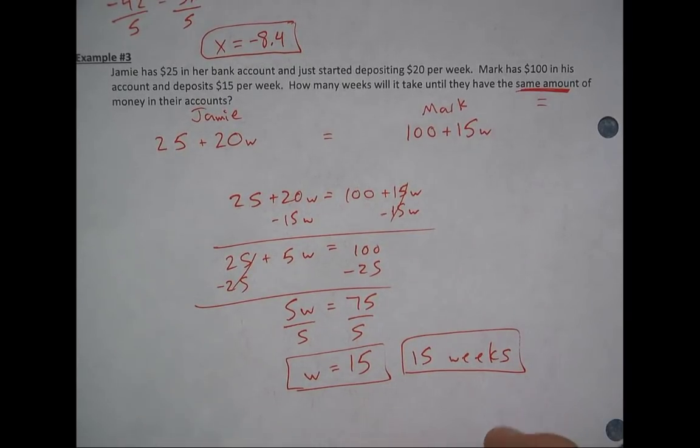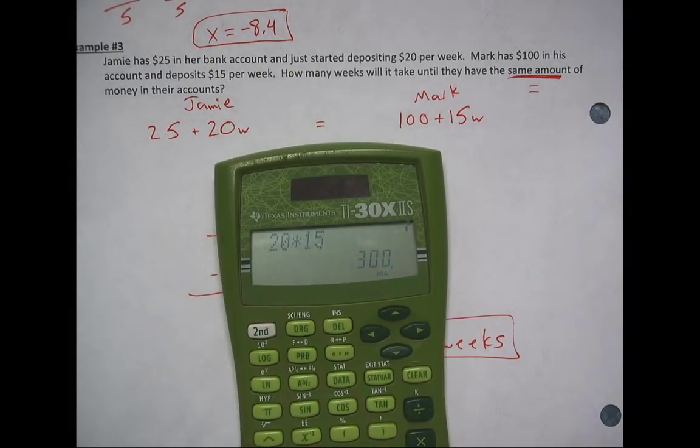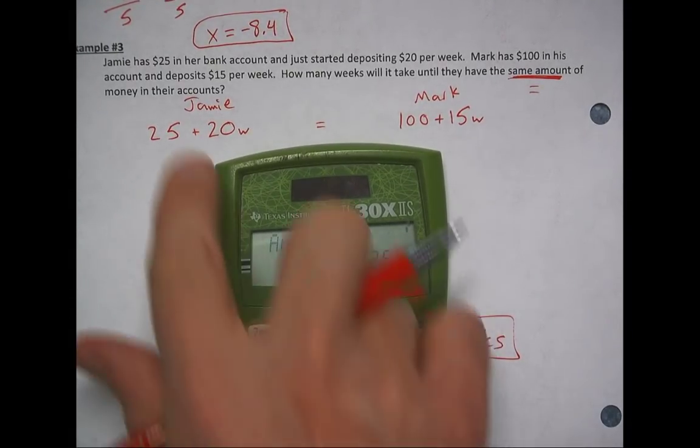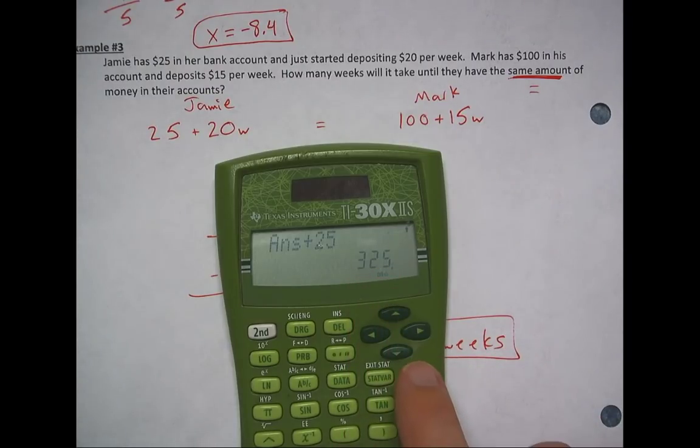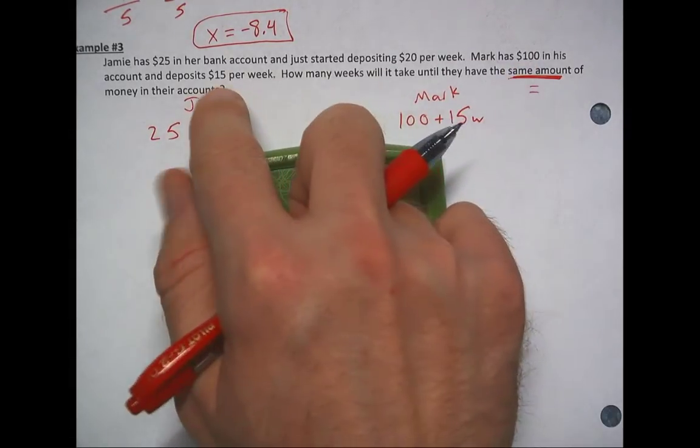Okay, and you may want to go back and double check it and say, okay, well, if it's $20 per week, 20 times 15, that's 300. And then if I add the 25 that she started with, okay, she's got 325. So I'm just double checking and making sure that they really do have the same amount in their accounts here. So he started with 100 and it's $15 per week.